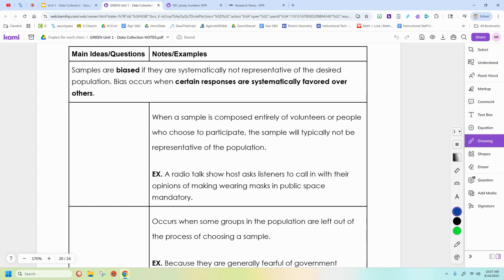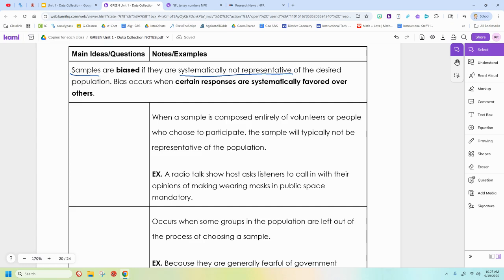When we're talking about statistical bias, we're talking about the fact that our sample systematically does not represent the desired population. Remember, we want to take a sample so we can analyze what might be true about a population. If our sample is skewed, then we're not going to get results that are helpful, and they might favor one group over another. That's when bias occurs.